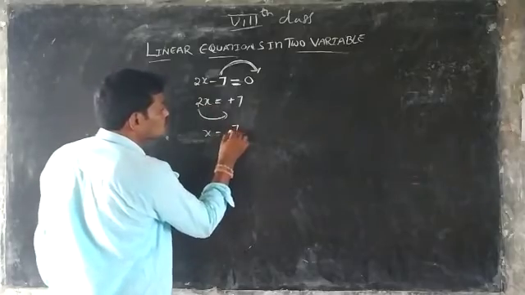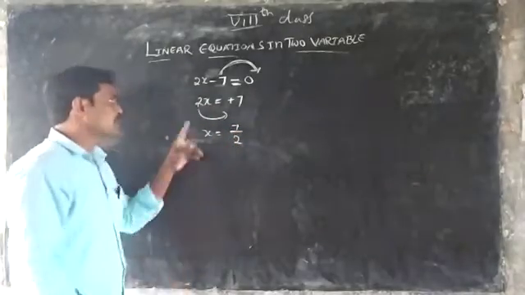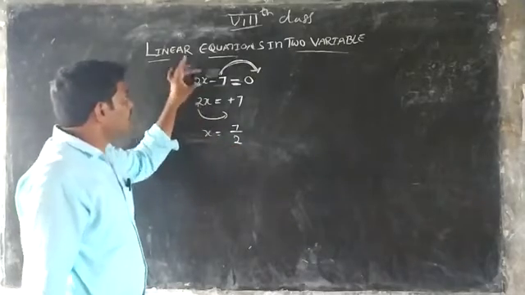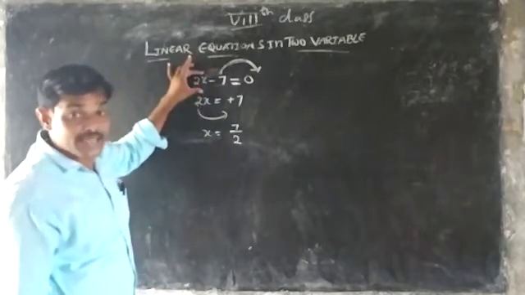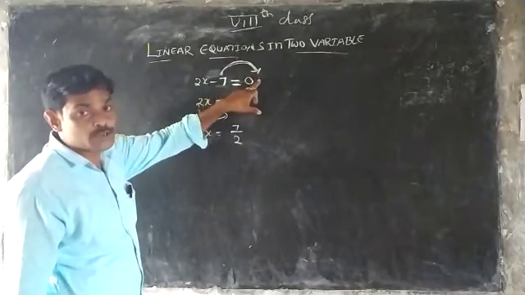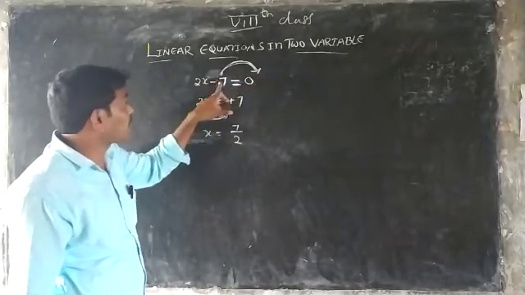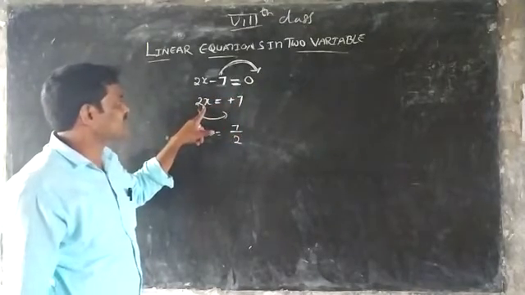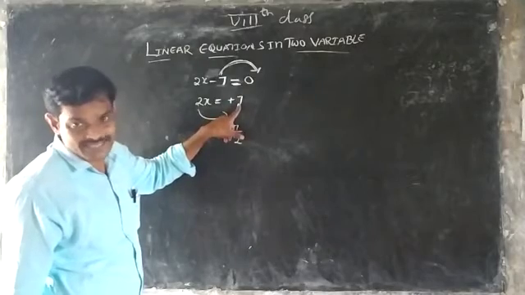Multiplication will be changed to division. Before the equality is the LHS side, and this is the RHS side. This 7 moves to the RHS, minus 7 changes to plus 7. This 2 into x is on the LHS side, this 7 is on the RHS side.